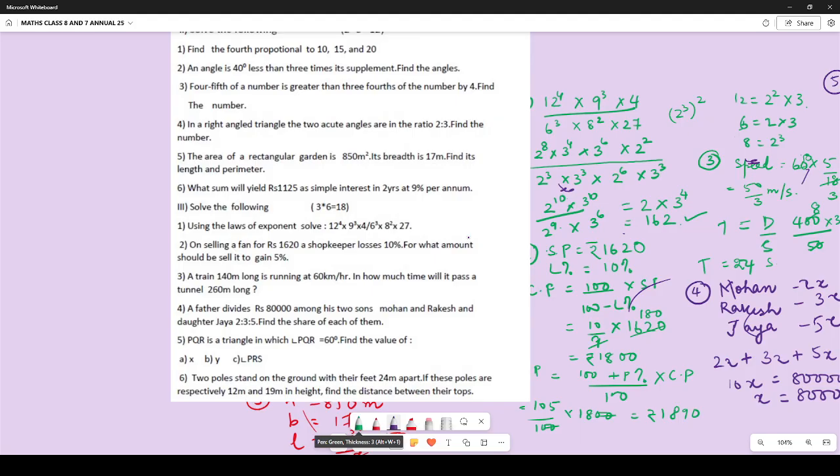Alright, so two poles stand on the ground with their feet 24 meters apart. So let us say this is one pole, this is another pole, and the distance between them is, now I'm considering this is a little bit tedha, but you please think that this is a straight line, okay? I don't know what is going wrong with my pen. I am unable to get the task done.